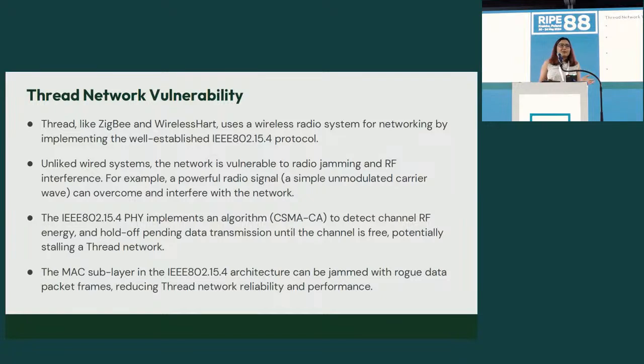It doesn't matter what you run at the application layer or network layer, how strong your security protocols are, whether you are using authorization, authentication, or an interoperability protocol like Matter, as long as we are not resolving the issues at the physical layer, our networks are still vulnerable.